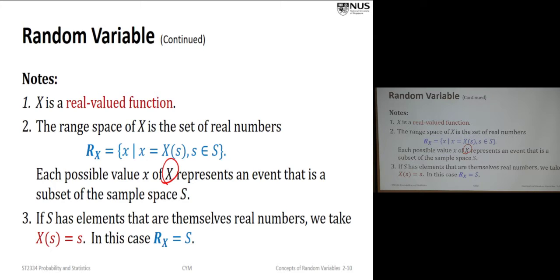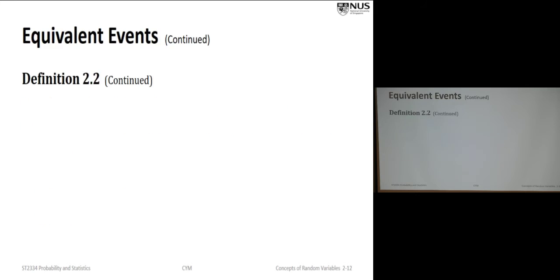Just like tossing a die, the outcomes are 1, 2, 3, 4, 5, 6, so my random variable will also take the values 1, 2, 3, 4, 5, 6. But if I toss a coin and I'm talking about, for example, the number of heads, then I have to link the random variable values to the outcomes. So that's why you see just now in our examples here.